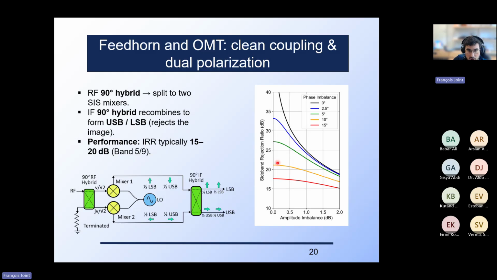That's the sweet spot where we live in sideband rejection. Sideband rejection is very sensitive to small errors and can be optimized using local oscillator pumping, and I will show that later. That's why 2SB is a microwave RF engineering challenge for us as well.